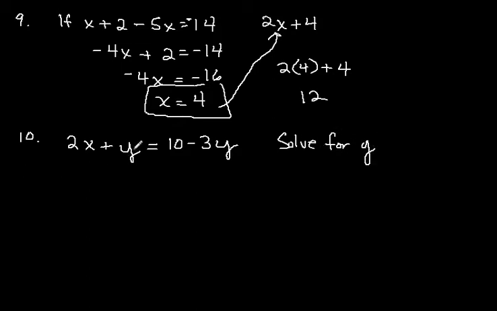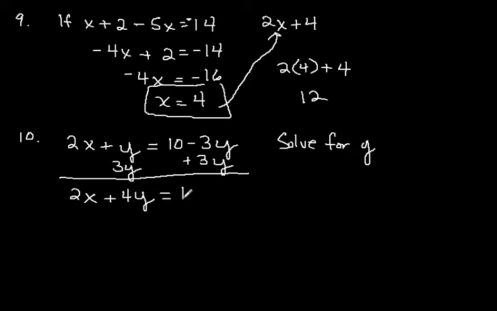So you want to get the y's together on one side, so the first thing I'm going to do is add this 3y to this y. And I'm going to get 2x plus 4y equals 10. And I'm trying to get y by itself, so I need to subtract 2x from both sides.